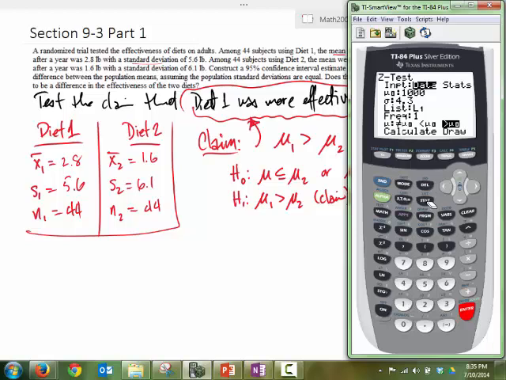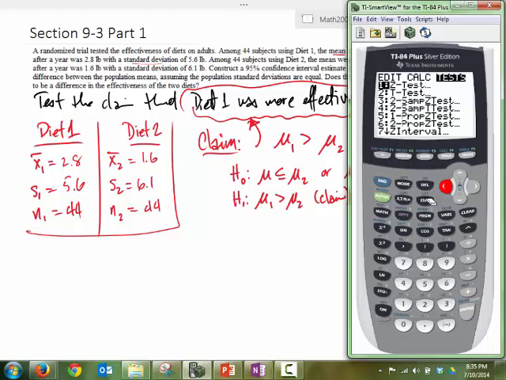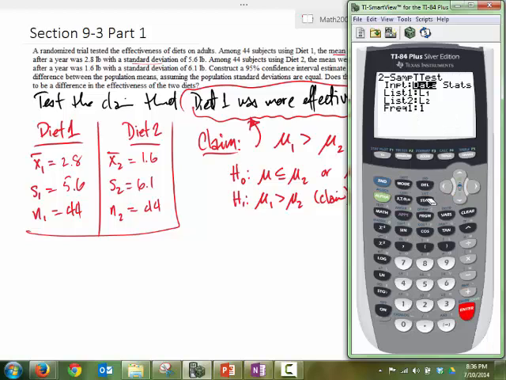So, nope, we're not doing the z-test. We have two samples, and our sigma is not known, right? So it kind of makes sense for us to use a t-test. So a two-samp t-test would be our business.